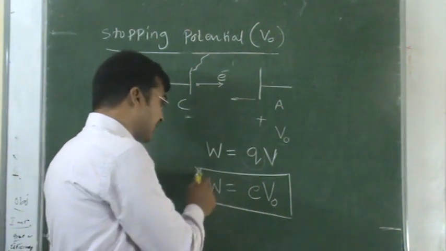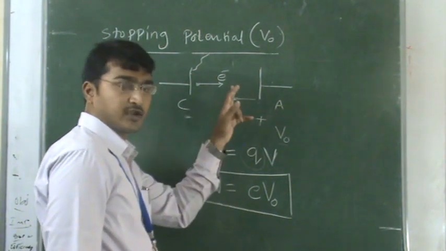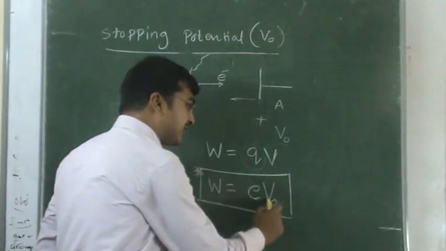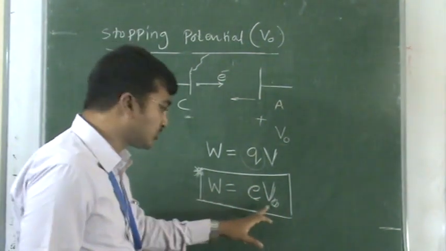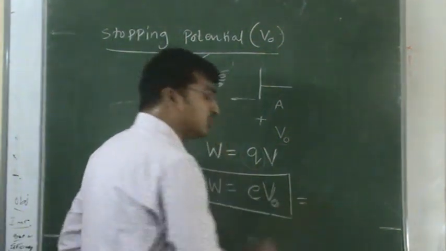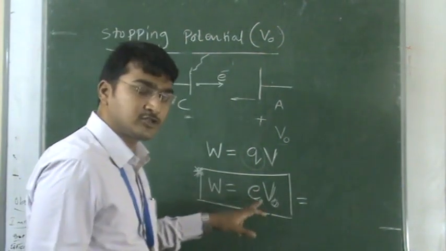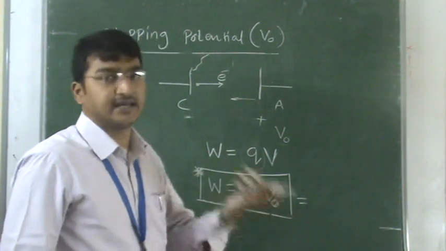So at this situation, the work done by the anode on photoelectrons is eV0. This work done by the anode plate due to the stopping potential on electrons is used to stop what? Electrons. Electrons have which energy? Kinetic energy.